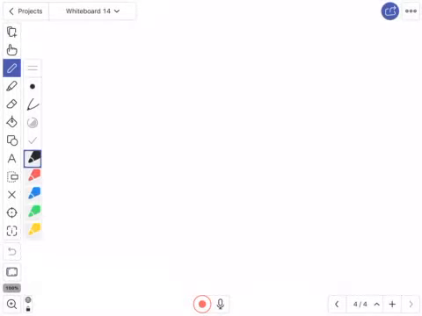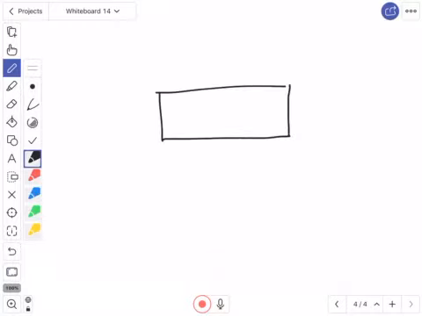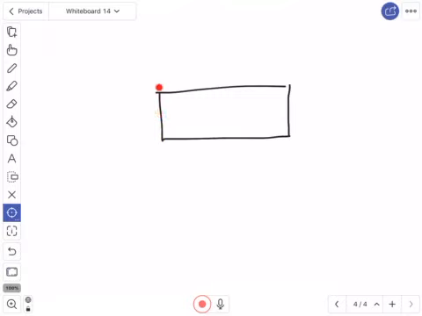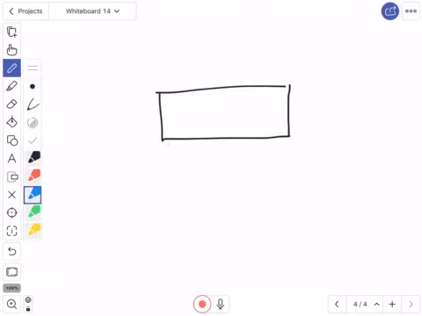So just remember that perimeter, I'm going to start with a rectangle. Perimeter is the outside. So you can see my laser pointer going around. That's perimeter. Perimeter is the outside of anything. To figure out perimeter, let's say the length here is 6 and the length here is 3.